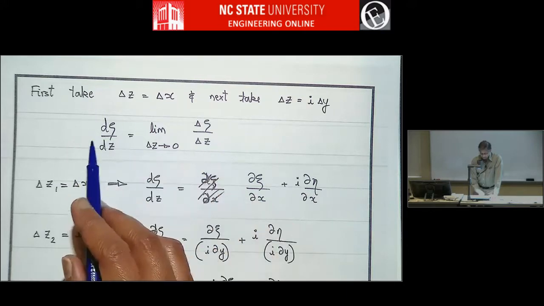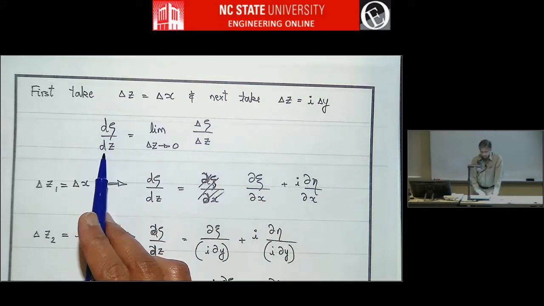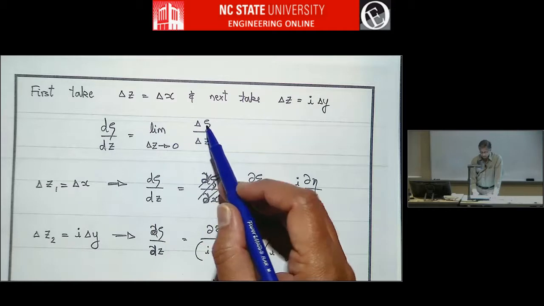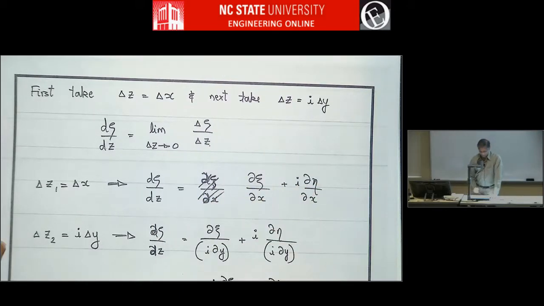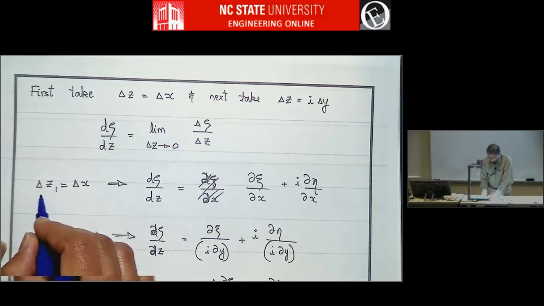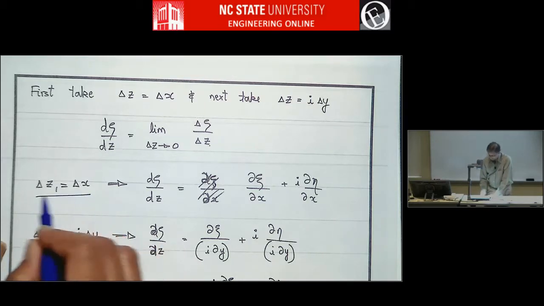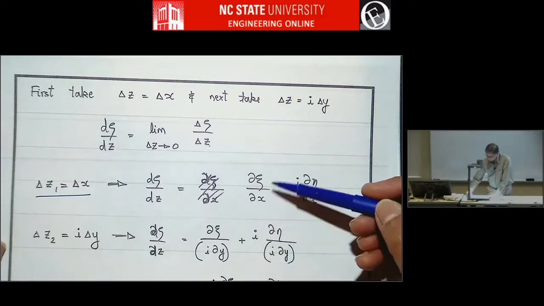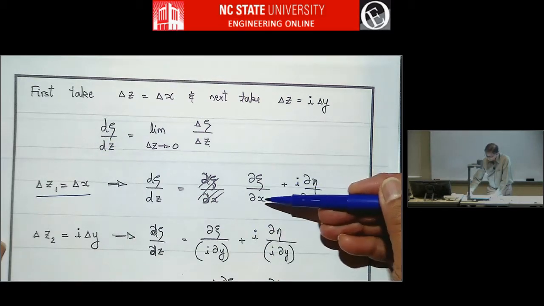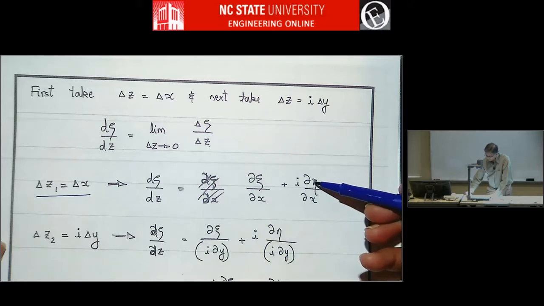Just to set ourselves up, the derivative d zeta dz is the limit of delta zeta over delta z as delta z goes to 0. If delta z1 equals delta x, which is the first option, this derivative becomes d psi dx plus i times d eta dx.